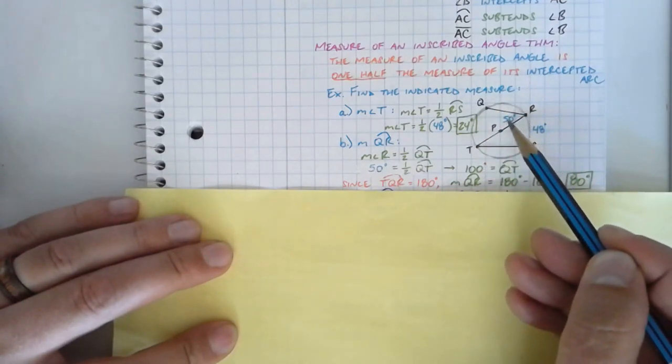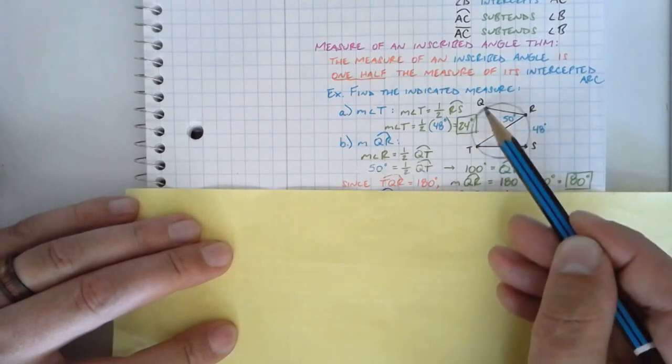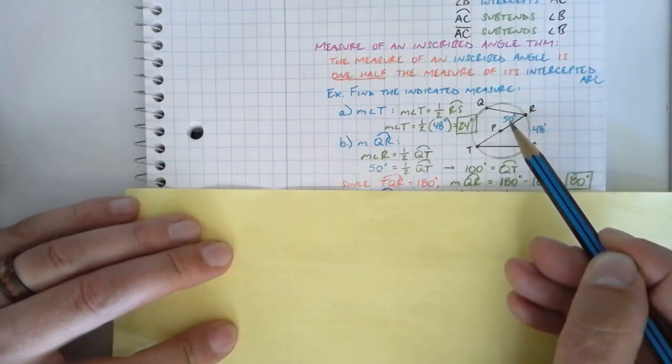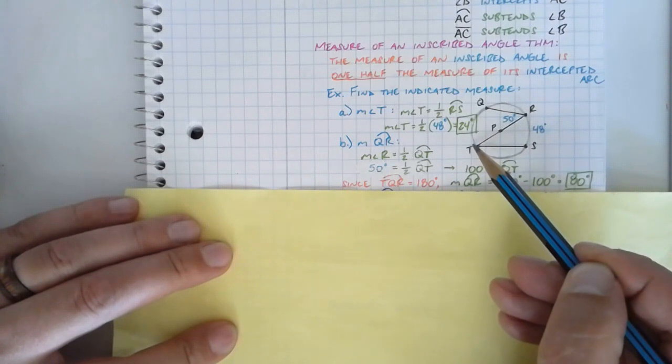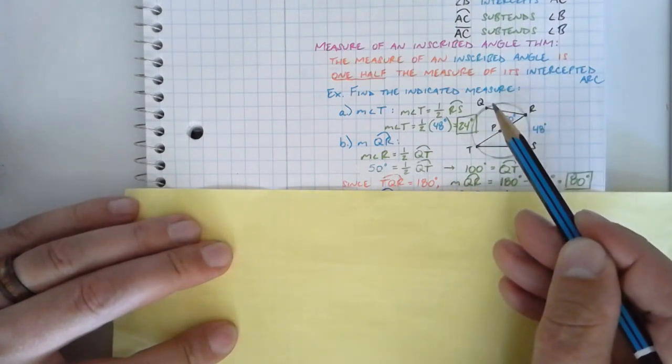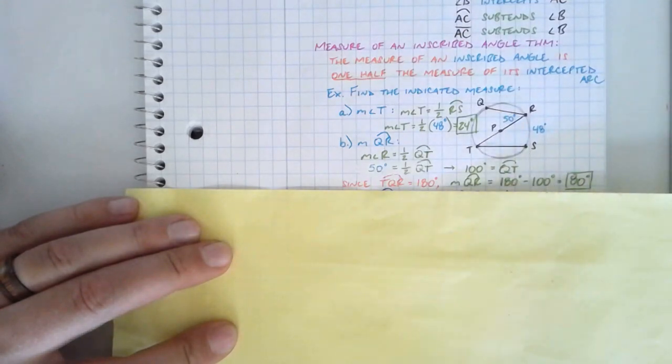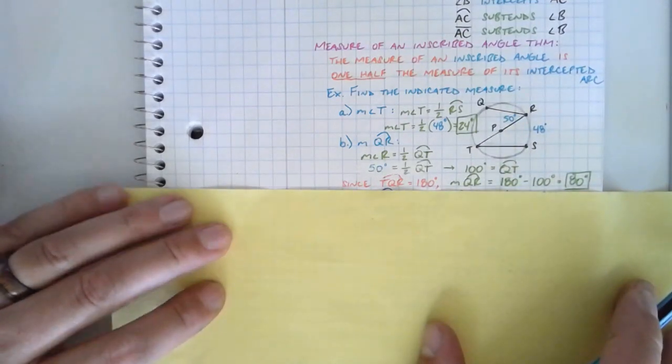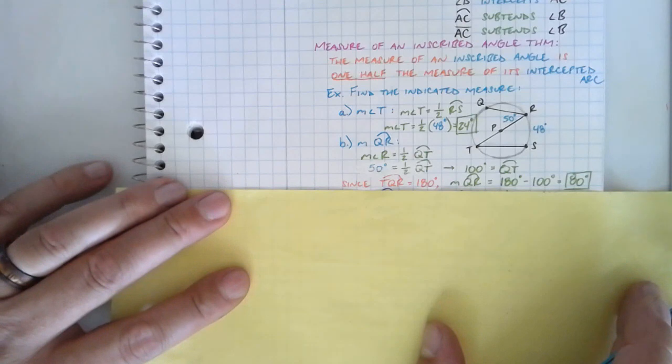And so I could use the fact that arc QT, found by doubling an inscribed angle, is 100 degrees, so that leaves 80 degrees left over for arc QR. That's how you can connect the dots between some of the other theorems that we've done. And again, I show that in the work there.